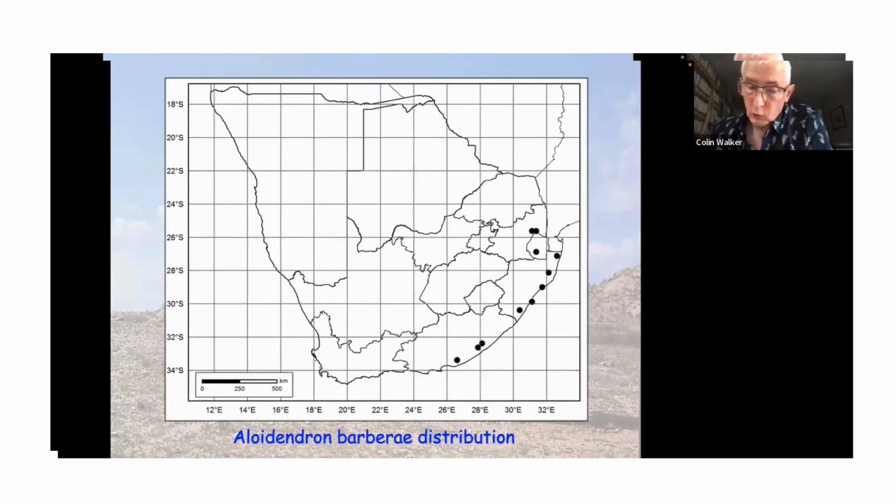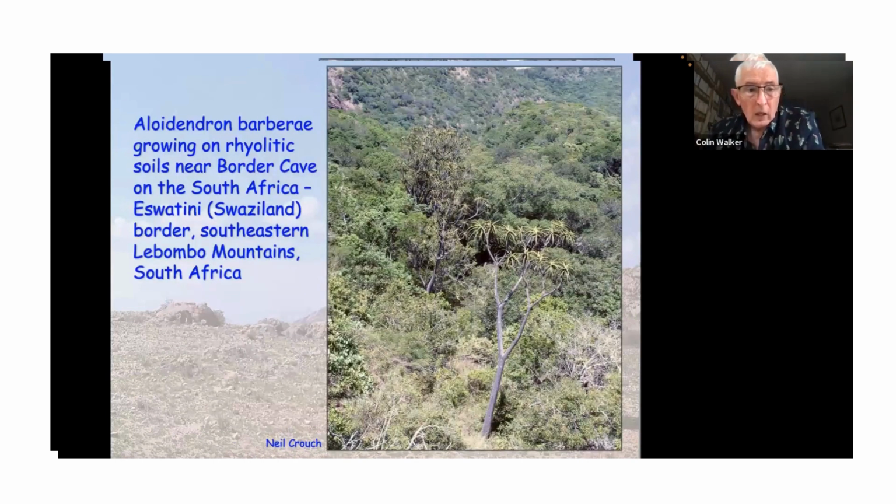They were its close relative, Aloidendron tongaense, which we'll come on to next. So we can say fairly certainly at the moment that Aloidendron barberae is restricted to South Africa and Eswatini, formerly Swaziland. It doesn't occur in Mozambique.